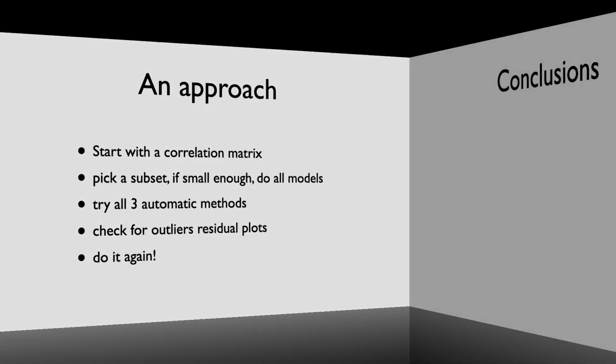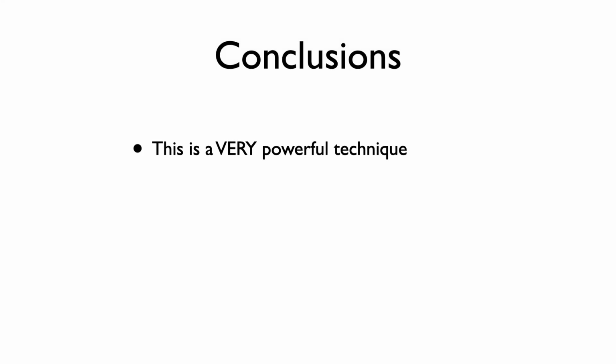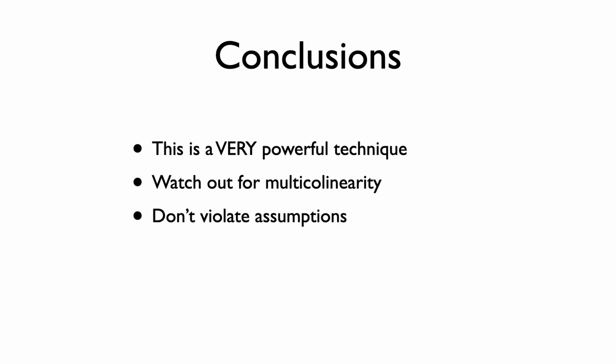All right, some quick conclusions, and we'll finish this. This is an incredibly powerful technique, and there are even more powerful techniques of this. This kind of model building is incredible and fun once you get into it. The biggest thing is watching out for multicollinearity and trying not to violate other assumptions.